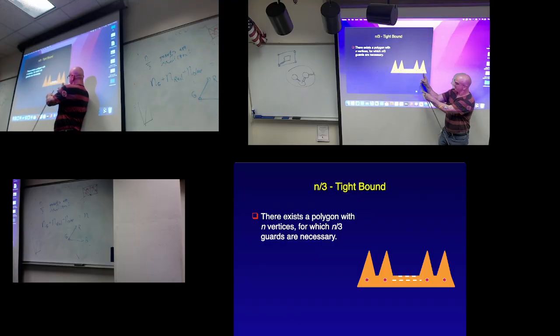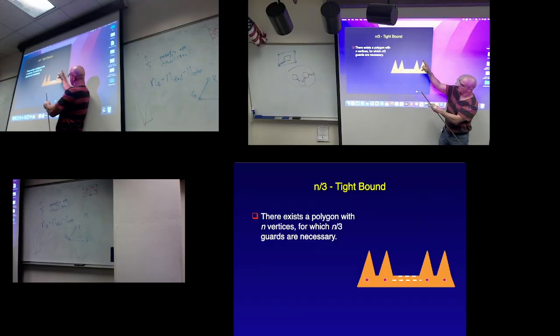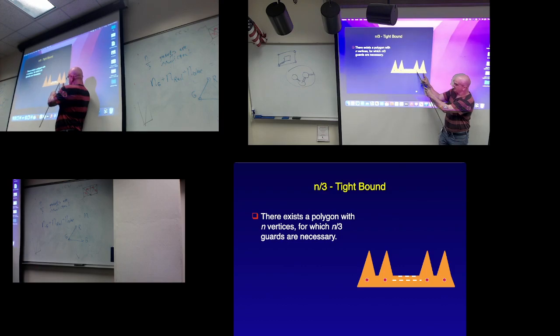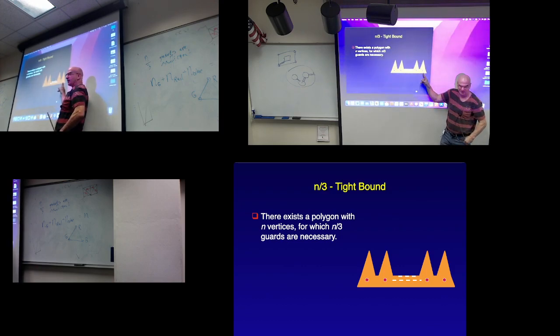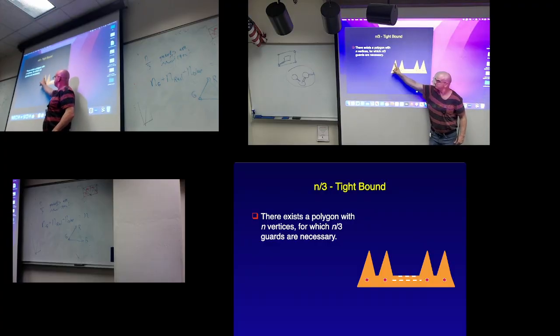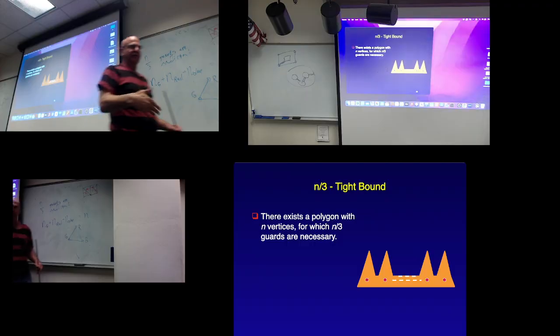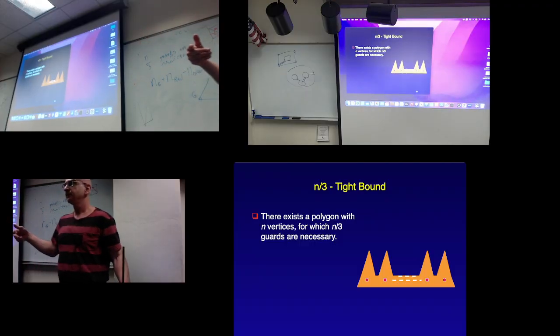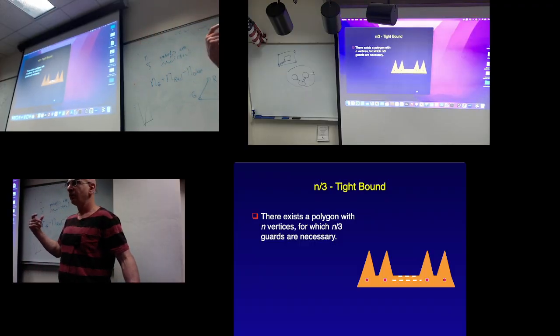Which means that if I'm standing here to see the top of the teeth, there is no way that I'll see the top of the next tooth of the comb. Implying that I need yet another guard over here to see this tooth, and so on. So I need a separate guard for each one of the teeth. There is no guard that sees two tops of the teeth at the same time.